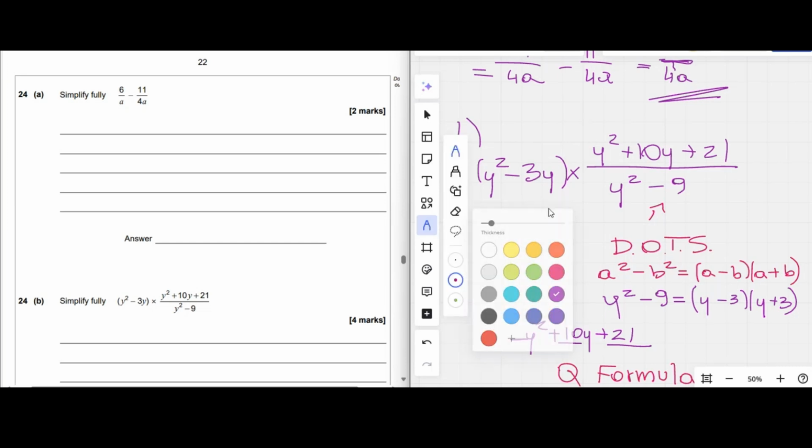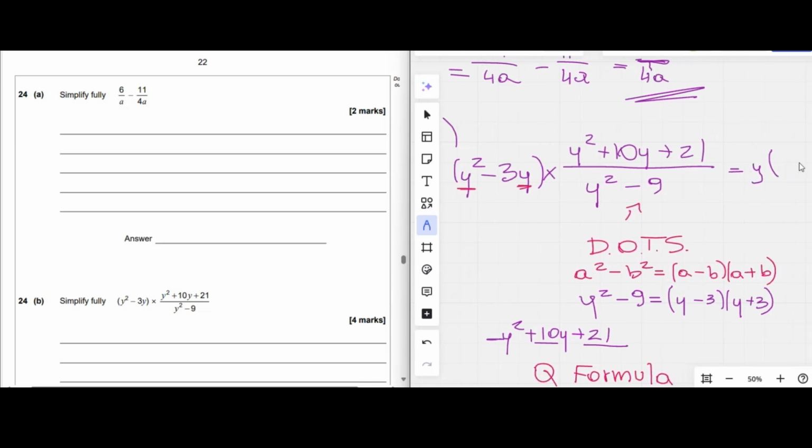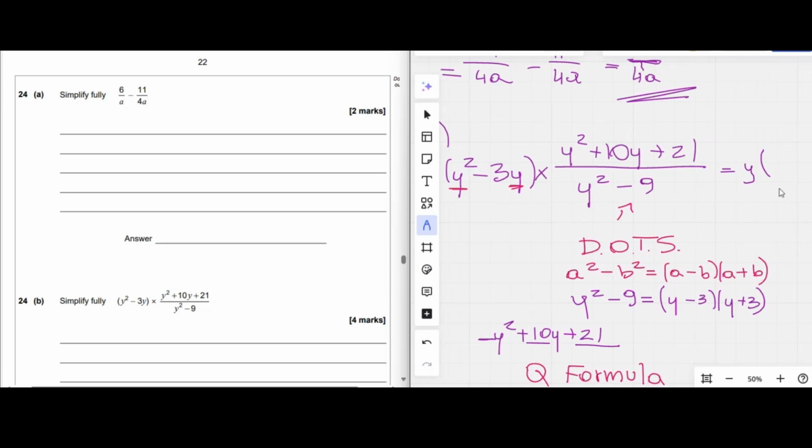In that thing, from here we have common factor being y. So we can put that outside the brackets. From y squared, if we take one y, we'll be left with just another y, and then minus 3 from the other.